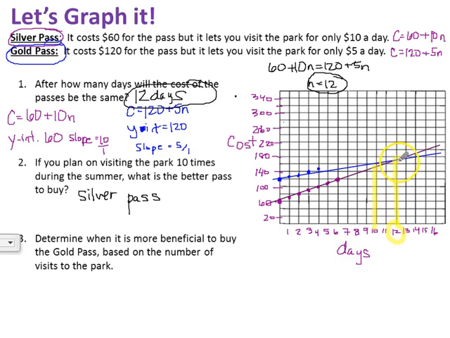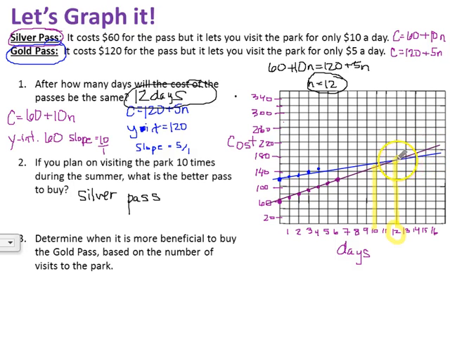But then if we look to the right, we see that the blue line, which represents the gold pass, is beneath the purple line. Remember, the y-axis represents the overall price that we're going to pay. So we want to pay the smaller price, right? The least of the two.